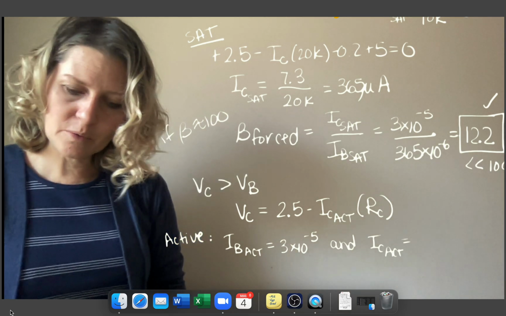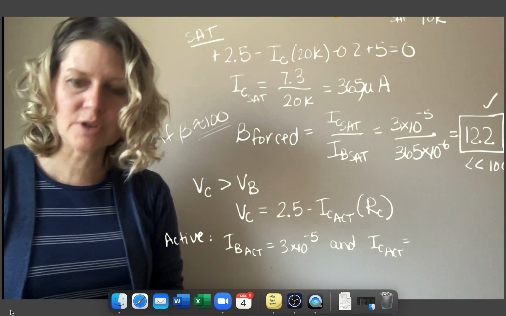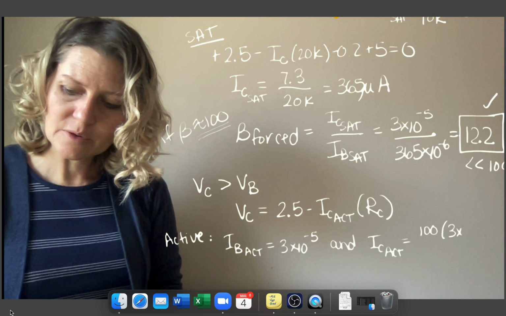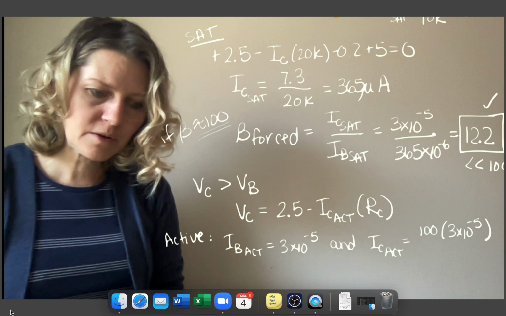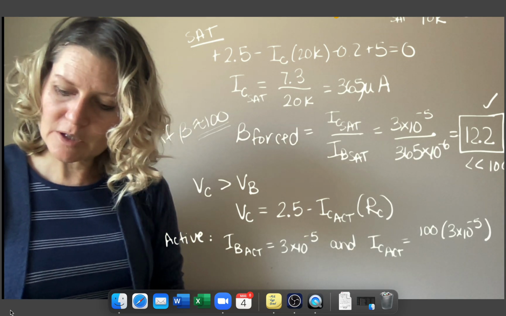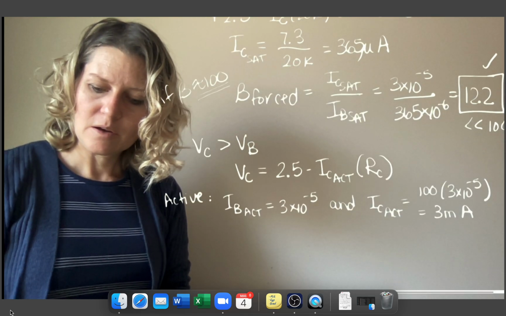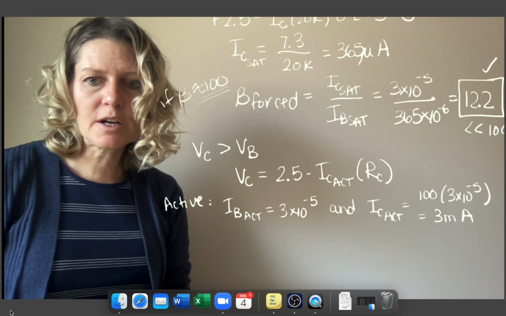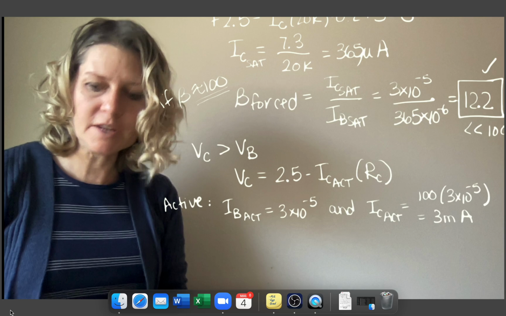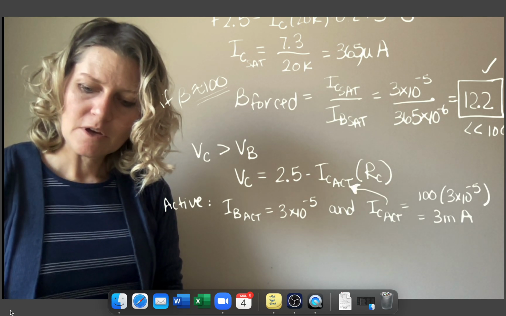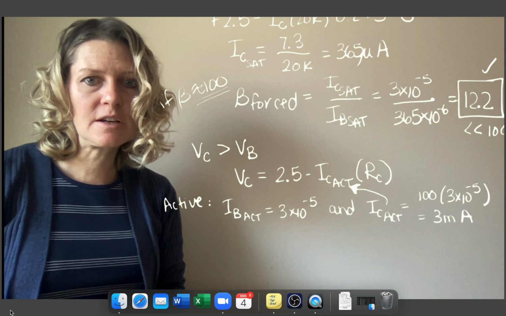And so we are going to use the beta of 100. So it's going to be 100 times 3 times 10 to the minus 5th. And that gives me 3 milliamps.